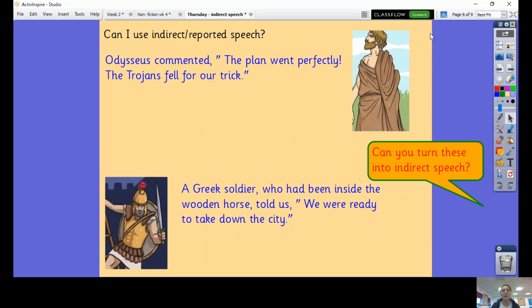Okay, so here we have again our Greek soldier and we've got Odysseus. And I was wondering whether you could pause the video and turn these into indirect speech. So they're already in direct speech using speech marks. Can you turn them into indirect speech? So we've got Odysseus commented, the plan went perfectly.